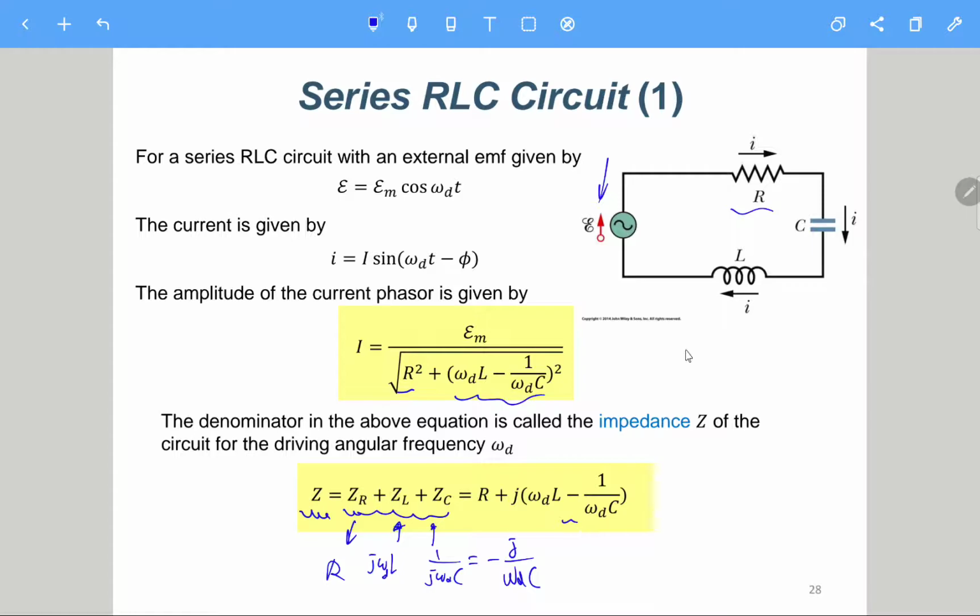So in this case, the total impedance for this RLC is this one.